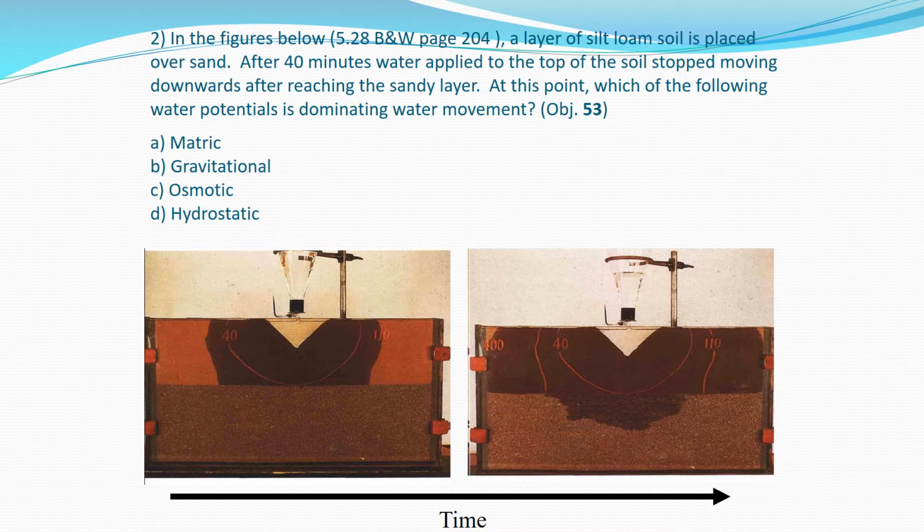So what happens is water comes into the surface layer, and because of the difference in texture, we're going to ask the following question. If the water stops moving downwards after reaching the sandy layer, at what point do each of the following potentials dominate water movement? Let's talk about that a little bit.